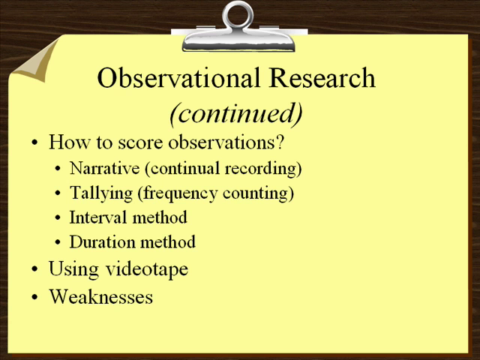They have a score sheet where every 10 seconds they code what behavior. They may have 10 different behaviors they're looking for, and every 10 seconds they code the behavior that the teacher is making during that 10-second interval over the 30 minutes.